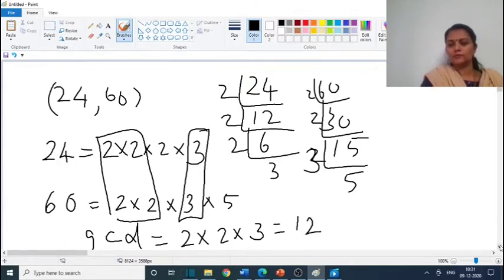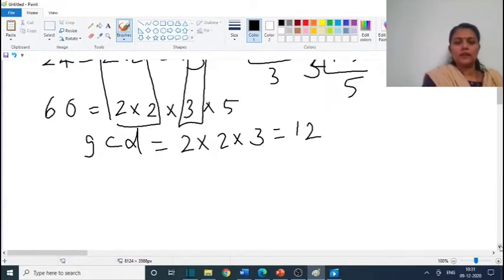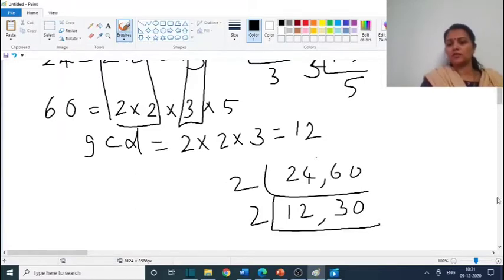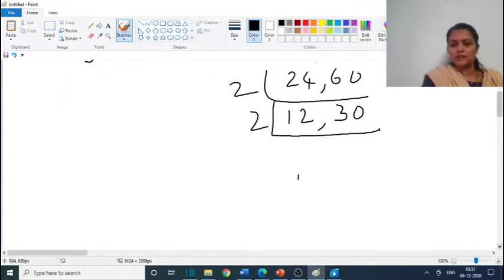This is the prime factorization method. Now, the division method for 24 and 60. If we divide by 2, this is 12, and when we divide 60 by 2, the answer is 30. Again we divide by 2, the answer is 6, and 30 divided by 2 is 15.